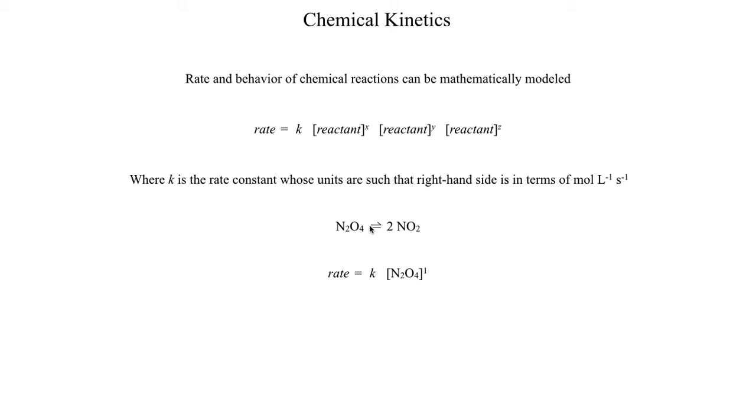I chose to include the 1 in here because there is in fact a 1 in front of it. It's just implicit, it's just implied that there's a 1 there. But that's how you would write what's referred to as the rate law. If I remember my chemistry correctly, the rate for a reaction is the rate constant times the product of the concentrations of all reactants, and each respective reactant is raised to the coefficient that appears in front of it.